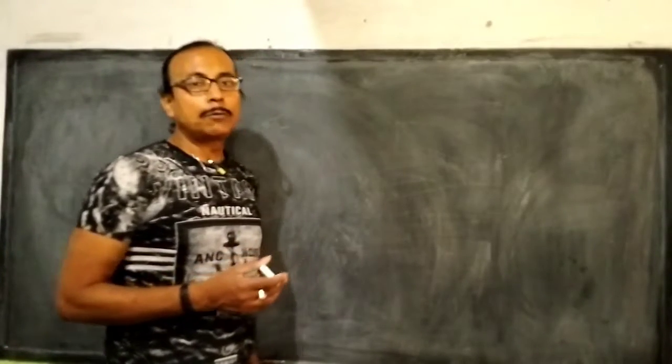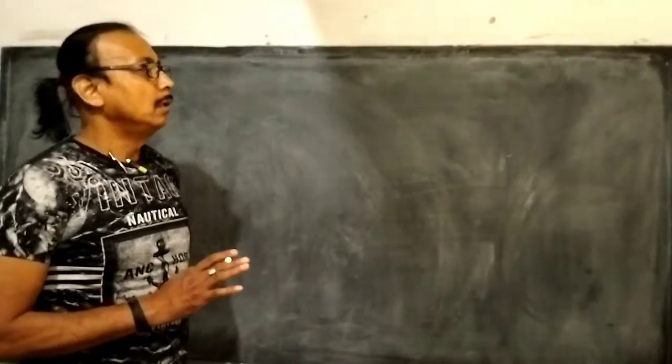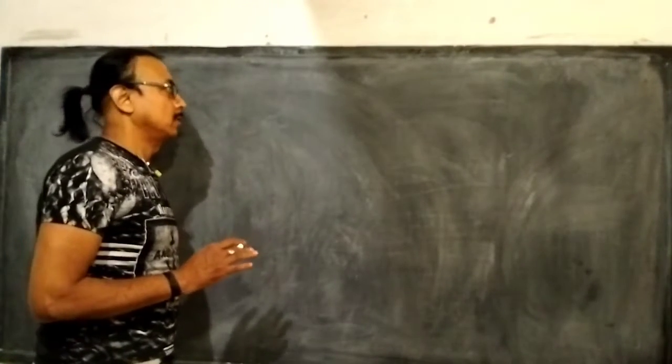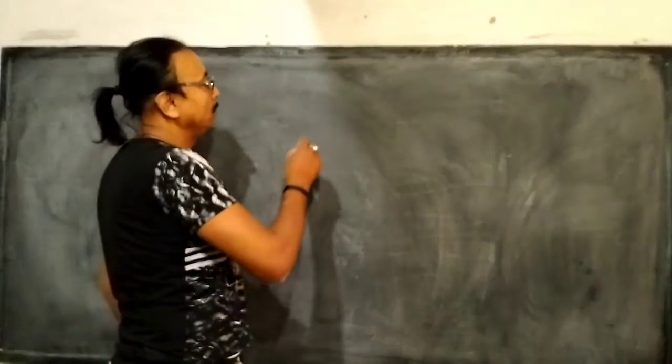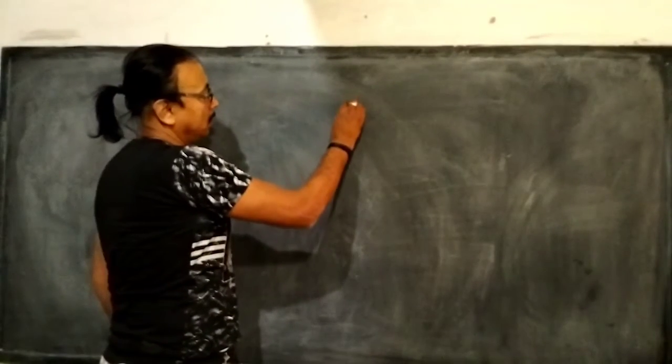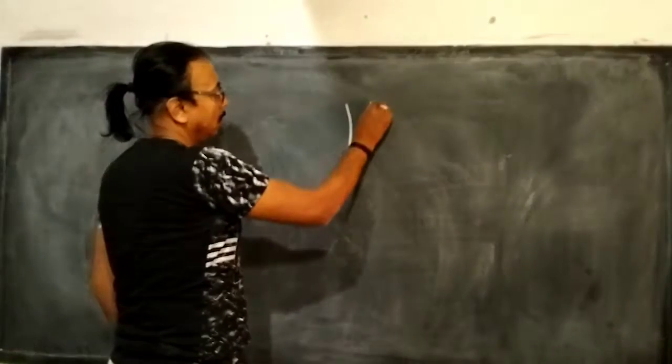Last video we discussed the image formation by ray diagram for a convex lens. Now we will do the same for a concave lens. Suppose this is a concave lens.